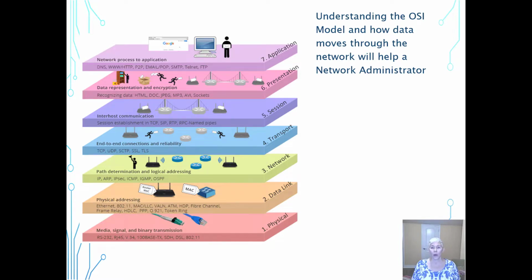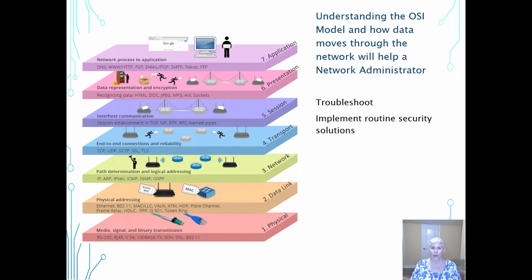But from a work perspective as a network administrator, understanding the way that data moves through the network is extremely helpful with troubleshooting. If you can begin to identify at what layer the trouble is happening, you will be able to more directly begin the troubleshooting process and ideally fix that trouble quicker.